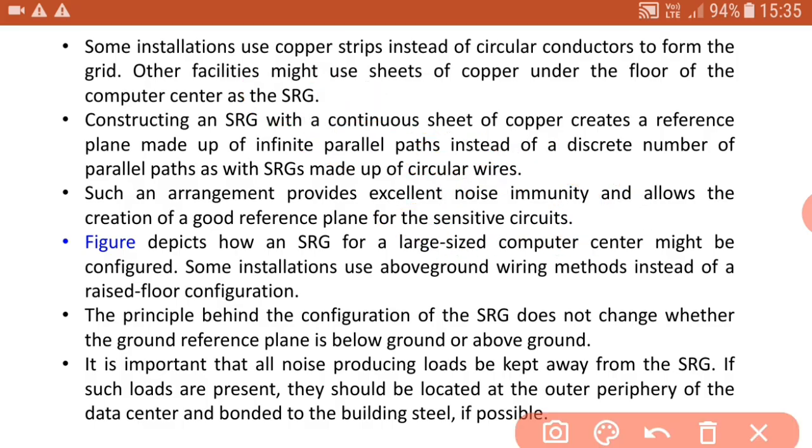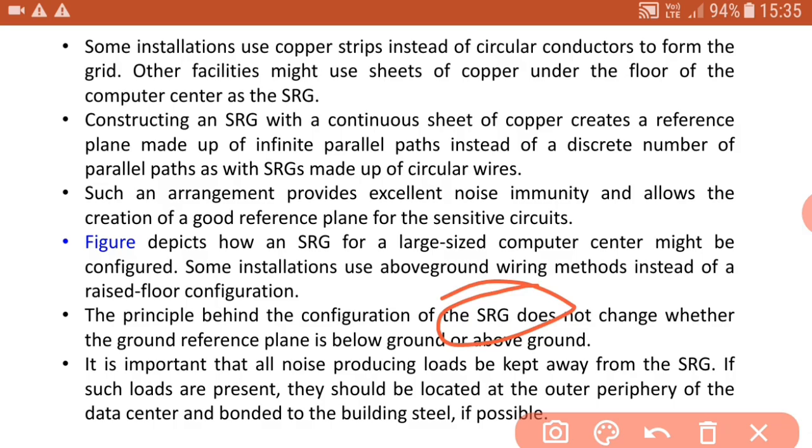The figure depicts how a signal reference ground for a large sized computer center might be configured. Some installations use above ground wiring methods instead of a raised floor configuration. The principle behind the configuration of signal reference ground does not change whether the ground reference plane is below ground or above the ground.